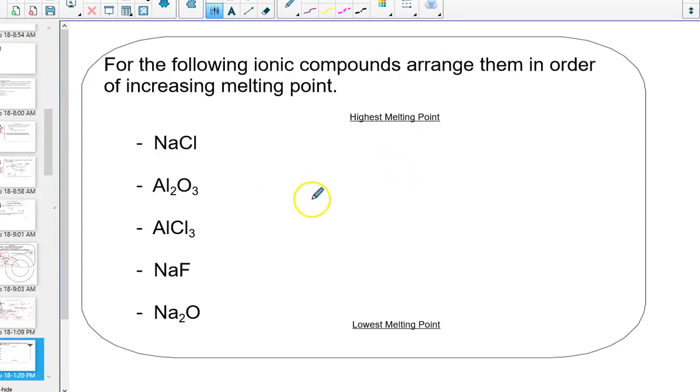Go ahead, pause it, give it a try. Alright, so first thing I would do is kind of just jot out these ions. If you are still struggling a little with these ions, then let's keep that ion sheet close and keep working at it. It will eventually become part of your normal vernacular, and therefore minus 2.